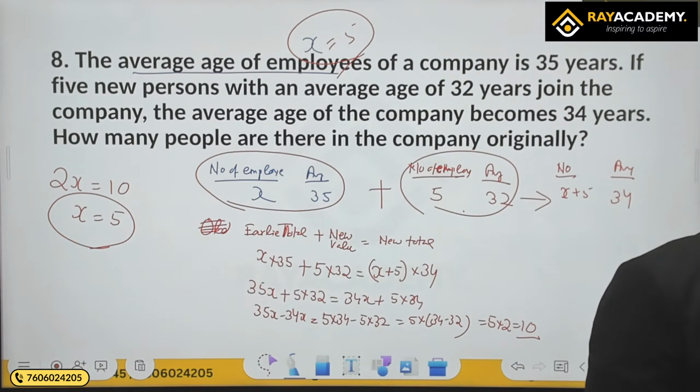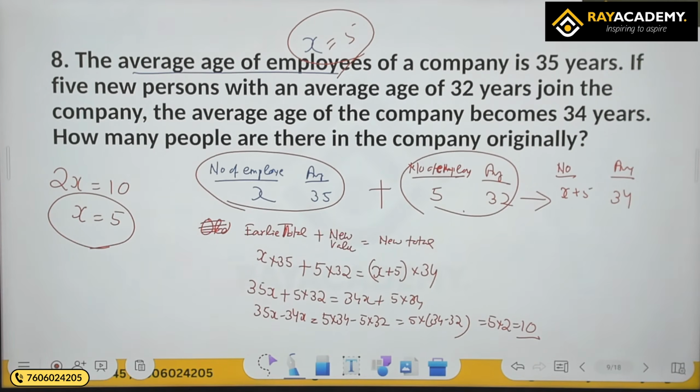So earlier total plus new value gives you the new total. This is the only thing you have to do in this kind of question. After that, it is a bit of calculation. Please go through this question.